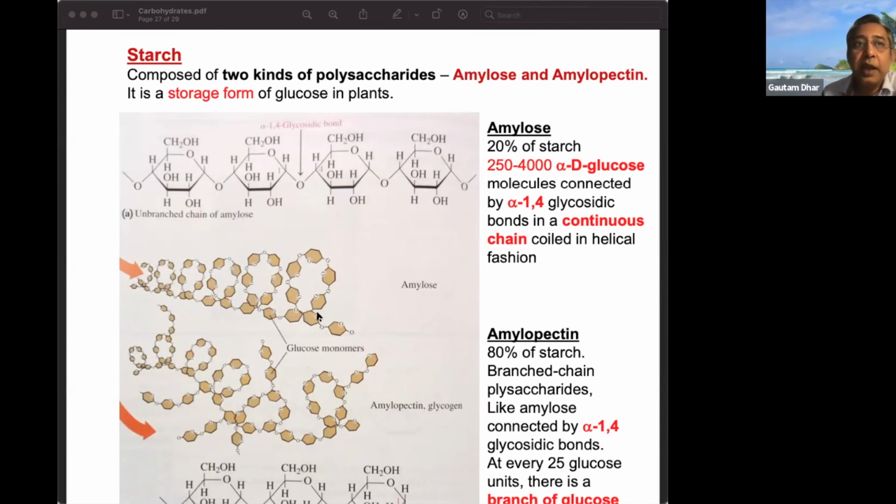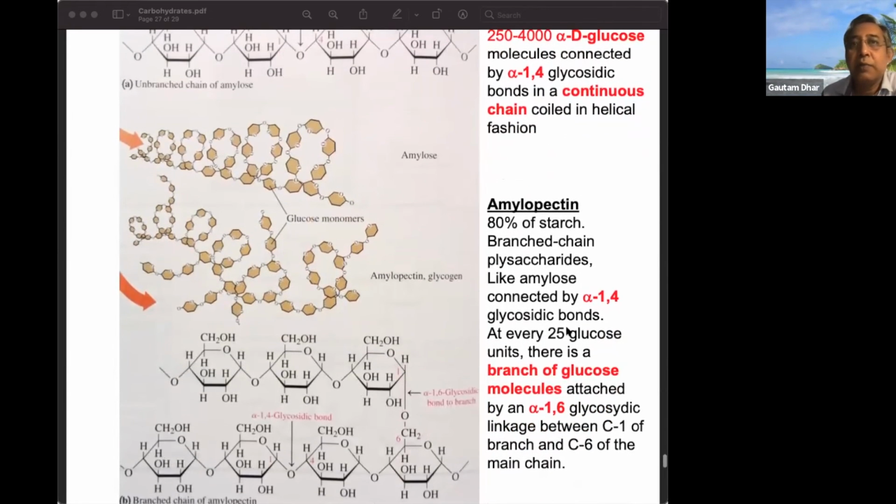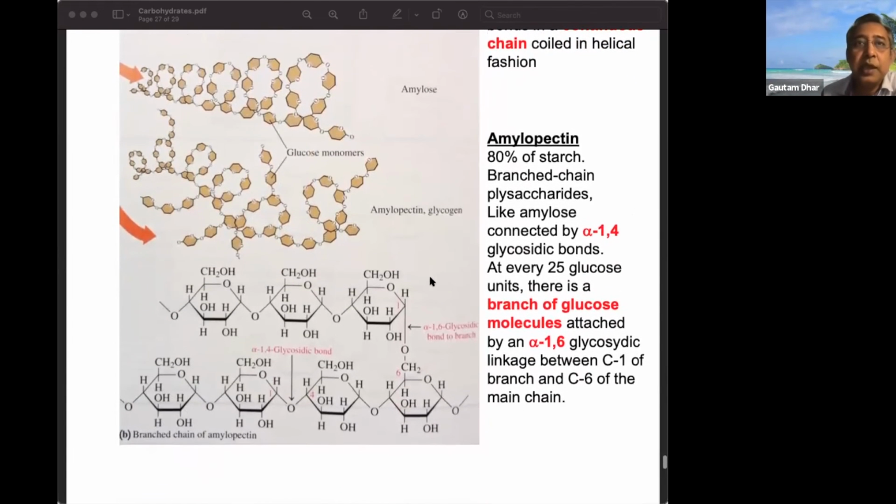Along with that, if you have amylopectin, you can have branching, and the branch can have coils too. So it's like a coil structure. And how close are the branchings? In the case of starch, after every 25 glucose units, you get the branching, and the branching is alpha 1,6.